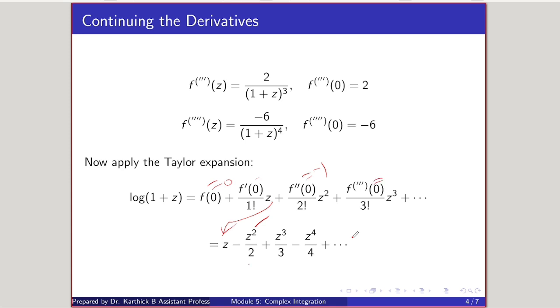And f triple dash of 0 will be 2, so 2 divided by 3 factorial, which is 3 into 2 into 1. So 2 will get cancelled, leaving only 3. Then it goes on in the same way. So at last, this will be the Taylor series expansion of f of z.